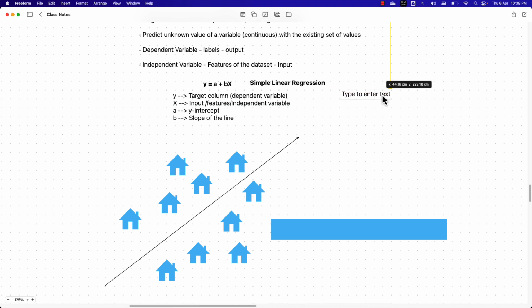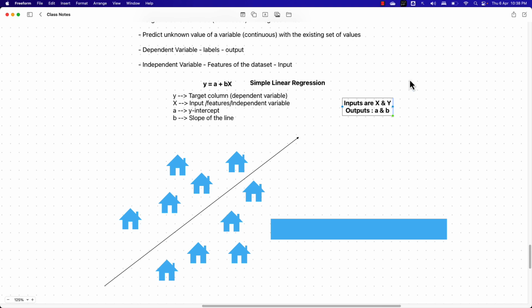What will be the output of this linear regression algorithm? Well, the outputs are a and b. This is what you have to remember in machine learning: we provide the data itself as the input, and the output is the parameters of the algorithm.